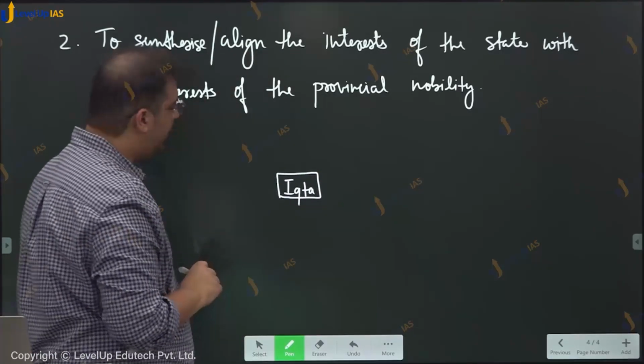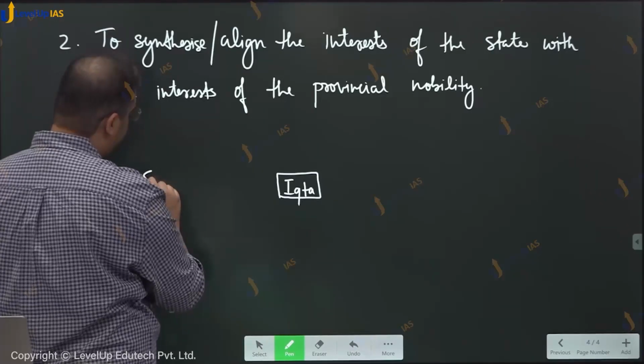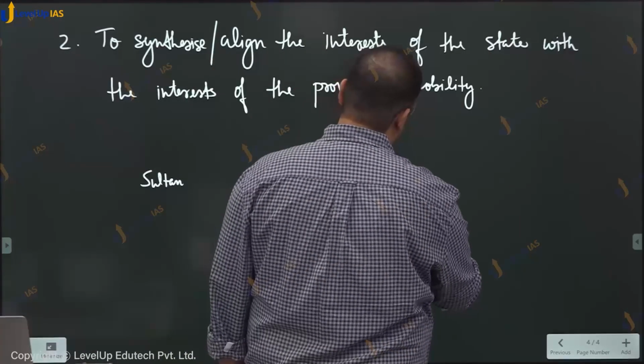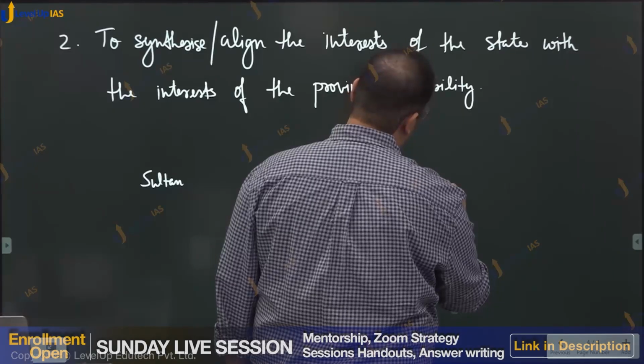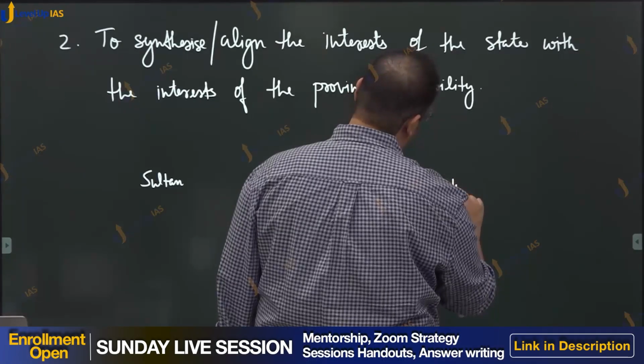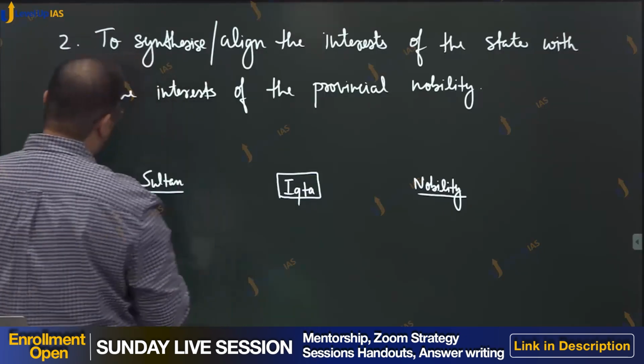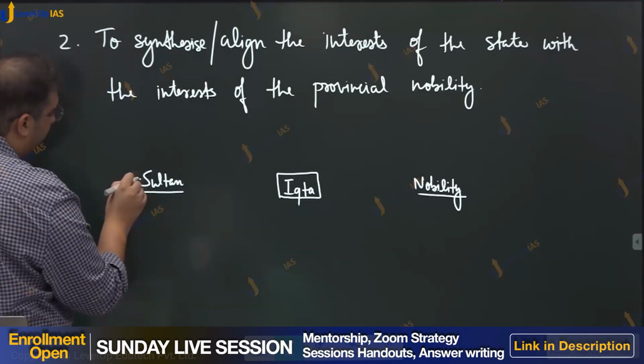On the one hand was the Sultan, on the other hand was the nobility. What were the priorities of the Sultan?